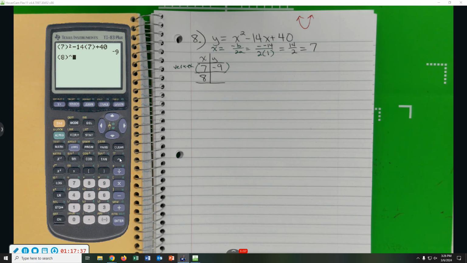You have to just use your little caret and put a 2 there for 8 squared, or you can just remember 8 times 8 is 64 minus 112 plus 40 equals, let's see, I wasn't expecting it to be so close. Let me see, 64 minus 112 plus 40, that's right. Yeah, so a negative 8.